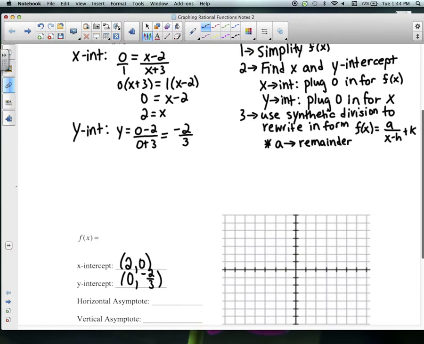And the a value is going to end up being the remainder that we get from that.